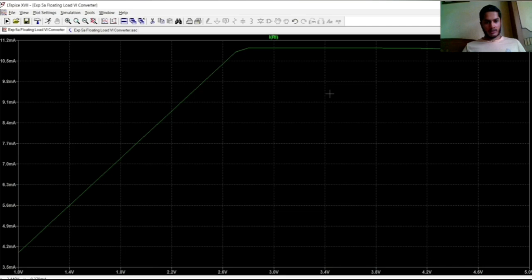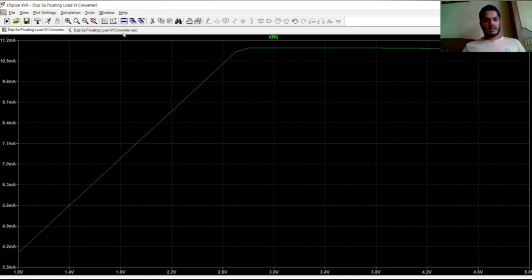So for this configuration as well, we can see that for a voltage value of 1 volt, we get a 4 milliampere current. We get that for a specific value of voltage, but after that it becomes constant, so we aren't getting the desired current. For 5 volts, we need to get a 20 milliampere current, but we aren't getting that. We're getting around 10.7 milliamps.